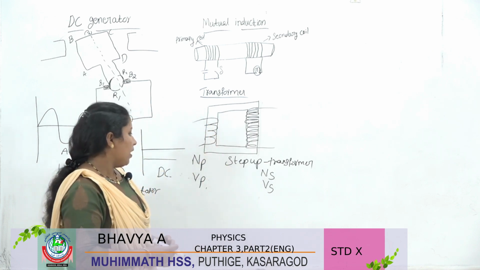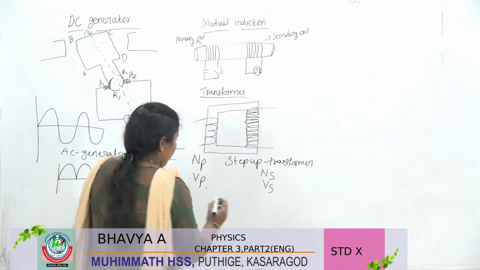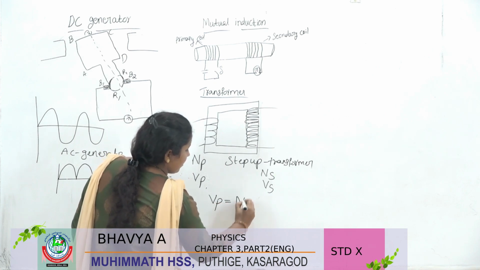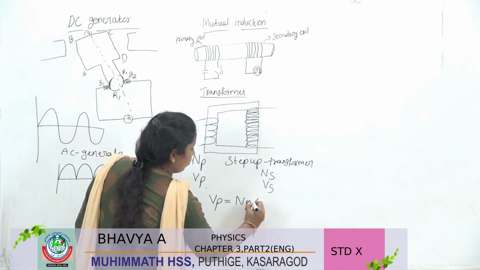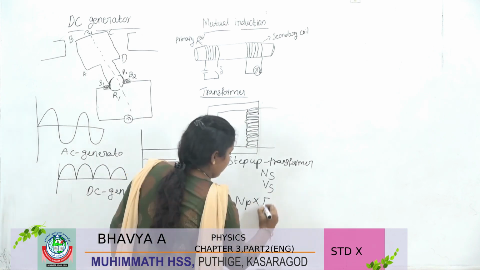So we can calculate the voltage in the primary: VP is equal to NP, the number of turns in the primary, into the EMF E.